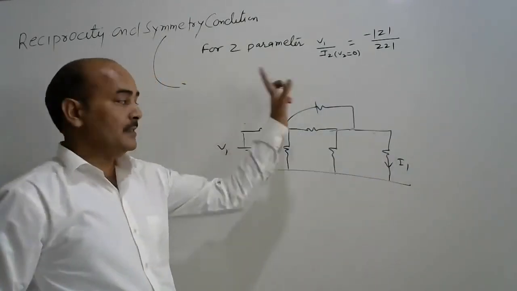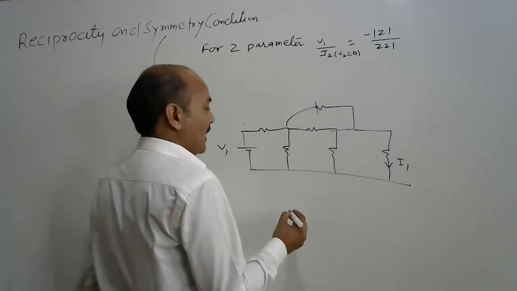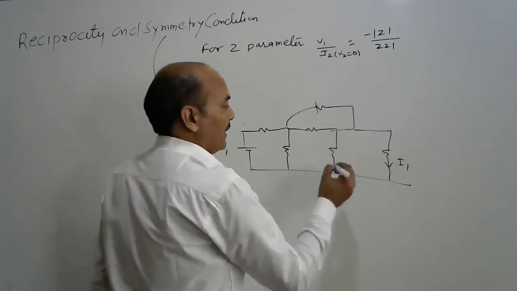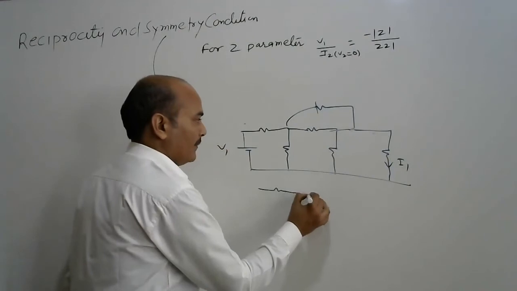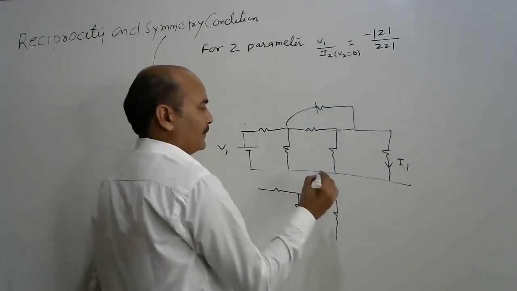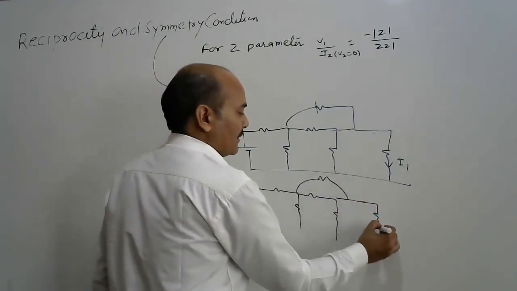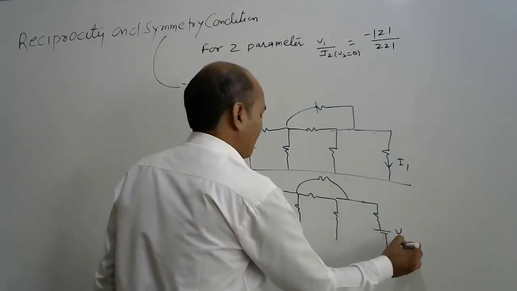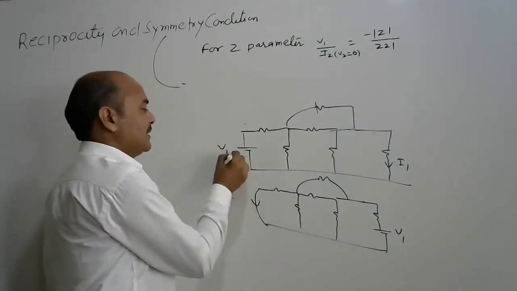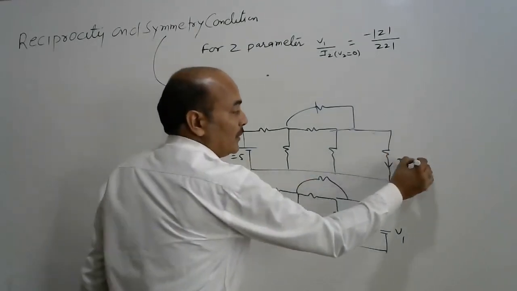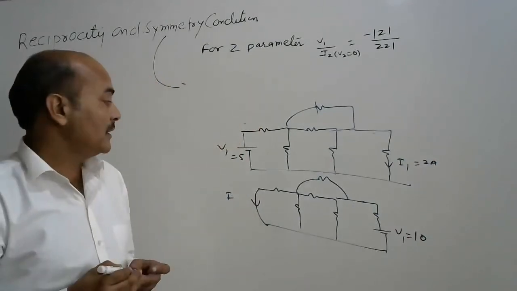The network remains the same because that is a short circuit. The second time, the question says to apply the voltage here and calculate the short circuit current here. Suppose V1 is 5 volt and the value of this current is 2 ampere. If this V1 is 10 volt, what is the value of this current?